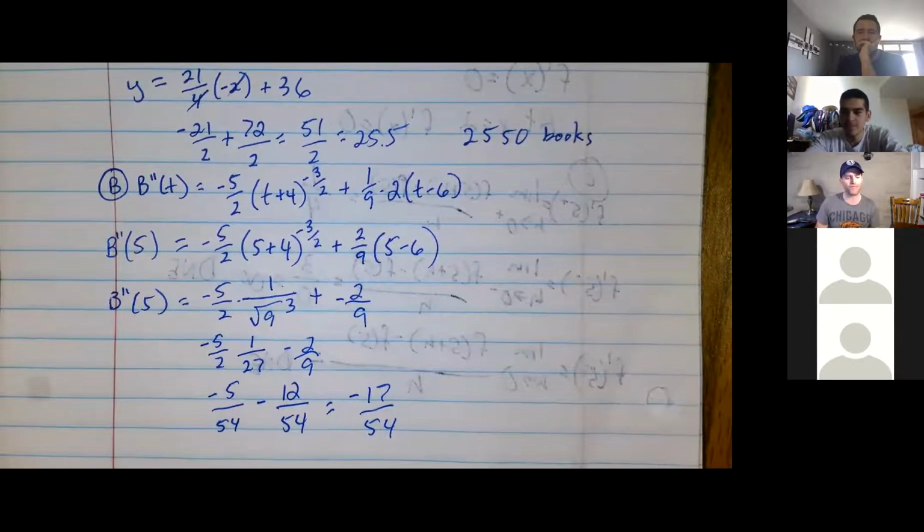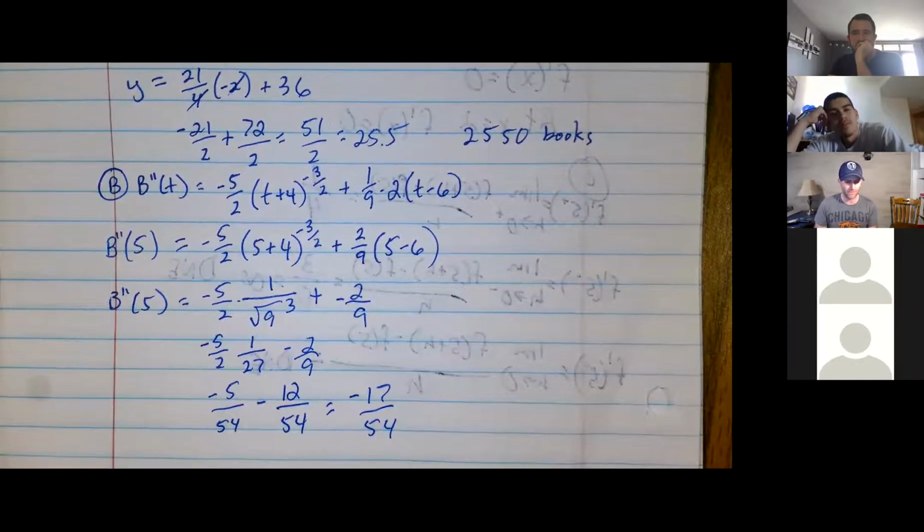So what does b prime represent? Remember, b is the number of hundreds of books that are sold. So b prime would represent the number of books that are sold per hour, the rate of change of the number of books. So then b double prime is the number of books sold per hour per hour.